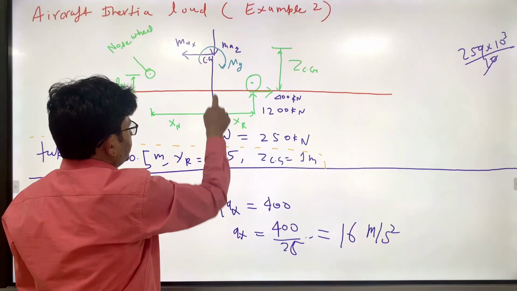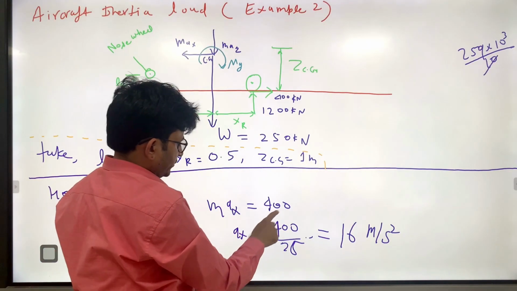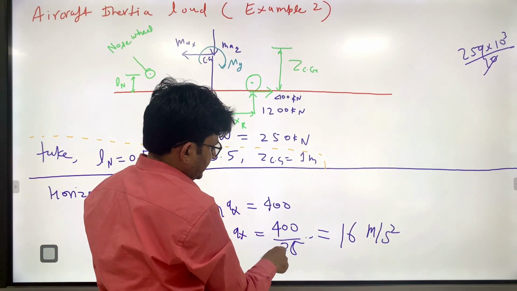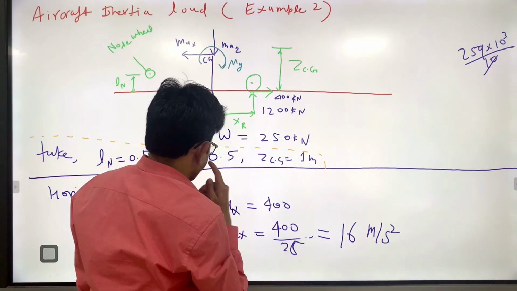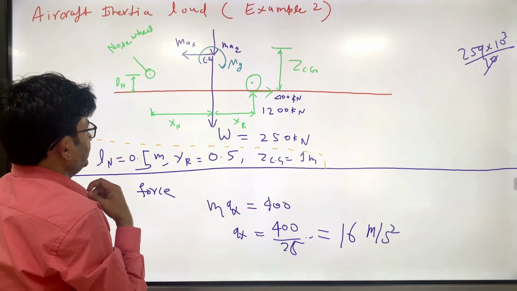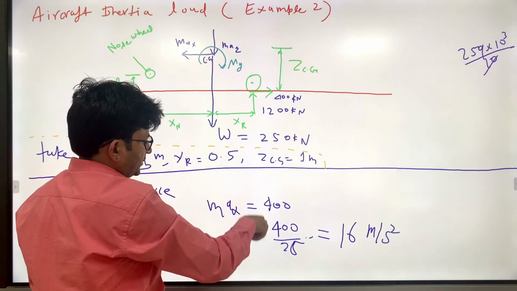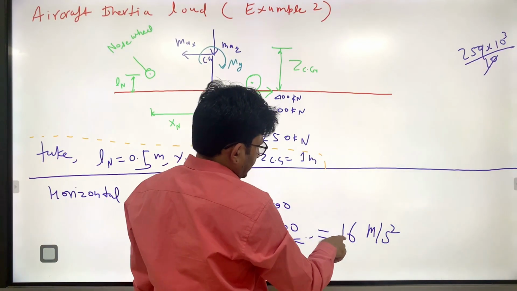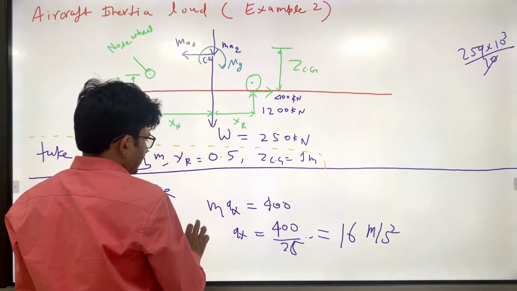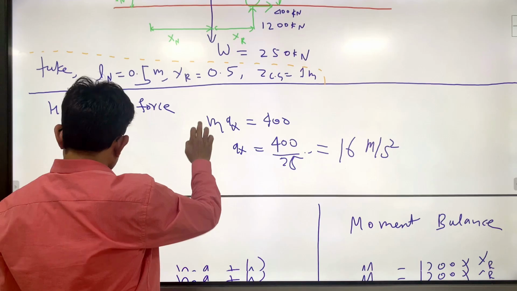So if you balance horizontal force, max equal to 400 kilonewton. So ax equal to 400 by 25, right? W is 250 kilonewton. That means if you divide by 10, that means g, you will get 25, right? So 16 meter per second square will be the ax.